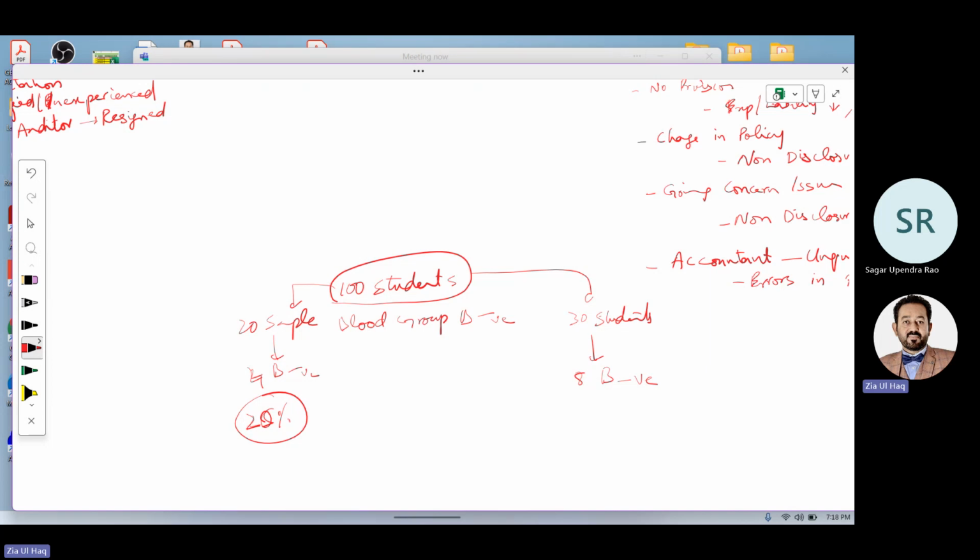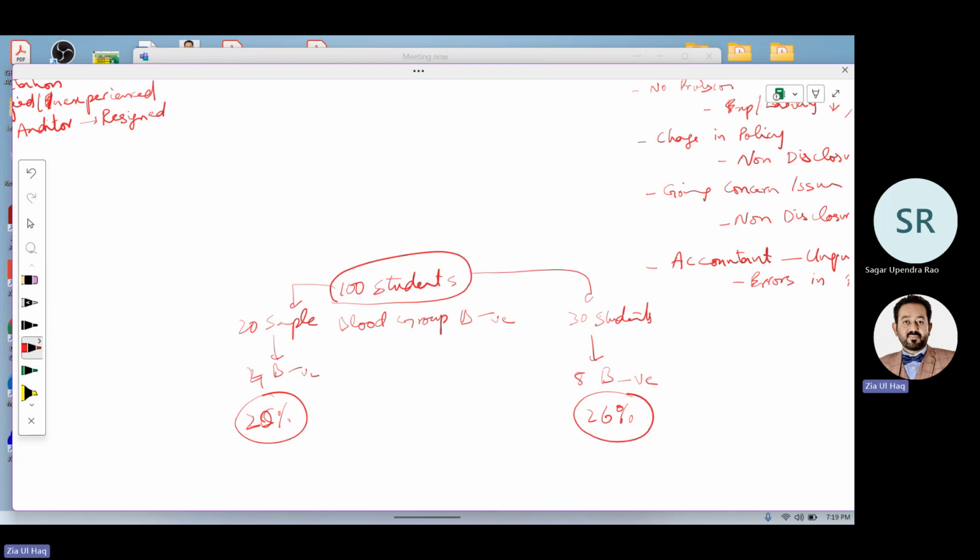How much percentage? 26.26%. Based on the sample of 20 students, we got the result of 20%. Based on the sample of 30 students, we got the result of 26%. Which one is correct? We are confused.